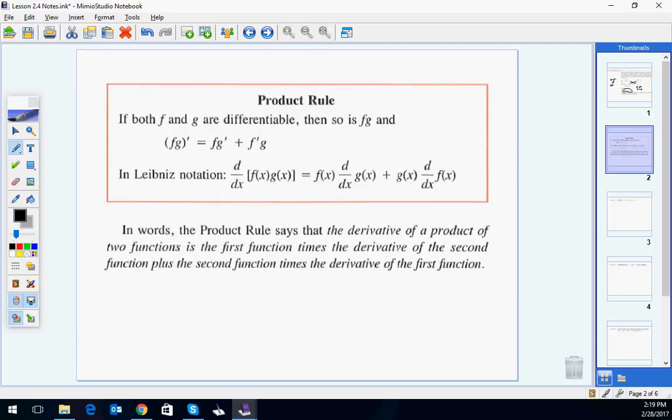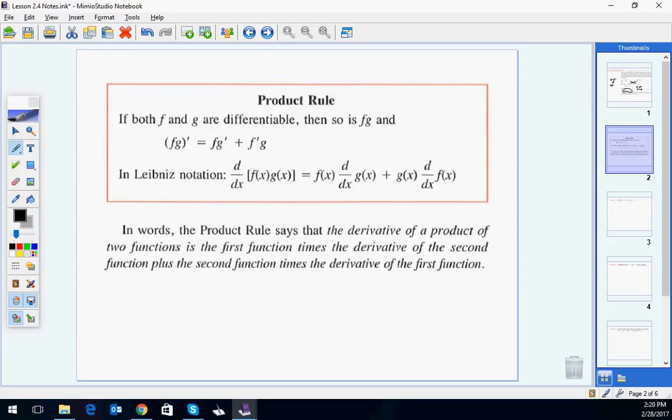Here is the product rule. The derivative of fg is first times derivative of the second plus second times derivative of the first. You can say it however you want, but essentially it is one with the derivative, one without, one with the derivative, one without, added together. I always say first derivative second plus second derivative first, and they're multiplied.